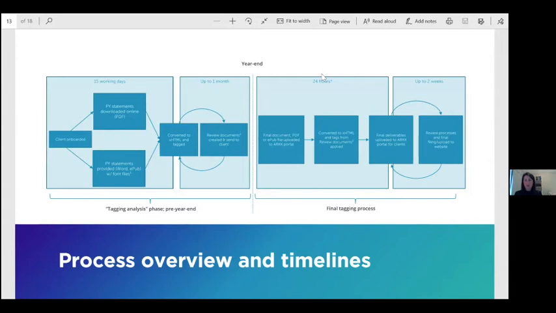When you've agreed your final document and it's signed off, you upload that through a secure portal to us, and then we have 24 hours to roll forward the tags from the prior year financial statements and to apply any new tags, any different numbers or changes that are in the current year financial statements.